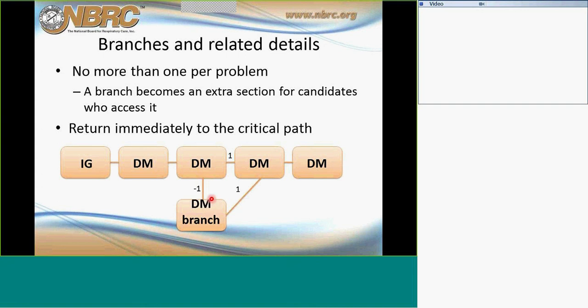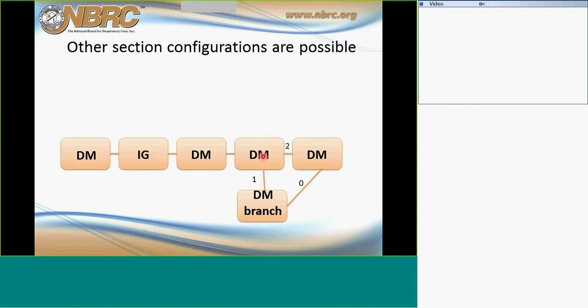So that's why you see, in this case, you get 1 point for moving from section 3 to section 4. You wind up with 0 points, or the sum of the -1 and the +1, when you pass through the branch and ultimately wind up back in section 4. In this second case, you get 2 points for moving from section 4 to section 5. You get 1 point for going through the branch. So again, you're 1 point below the critical path group.